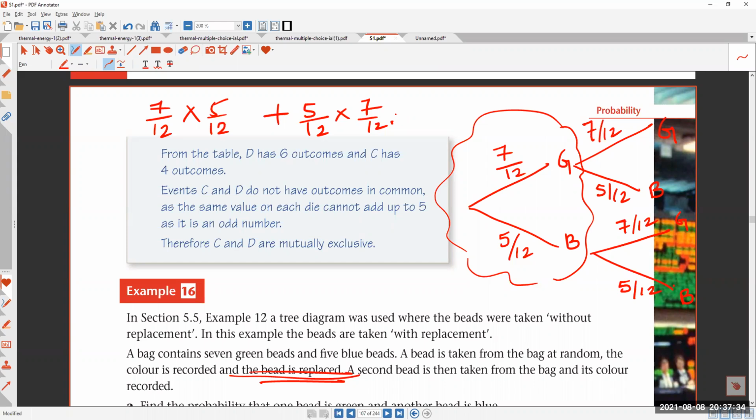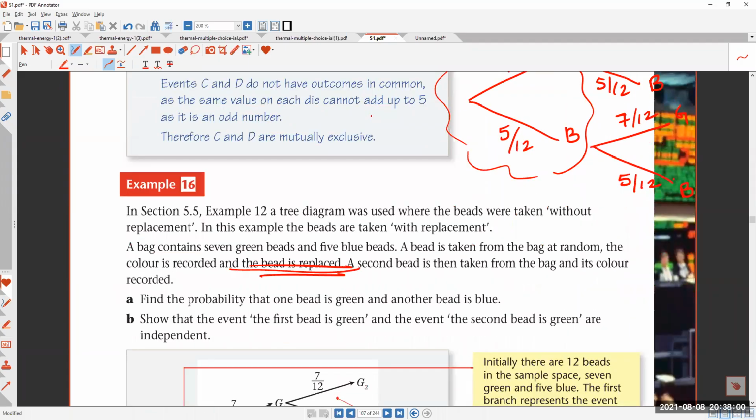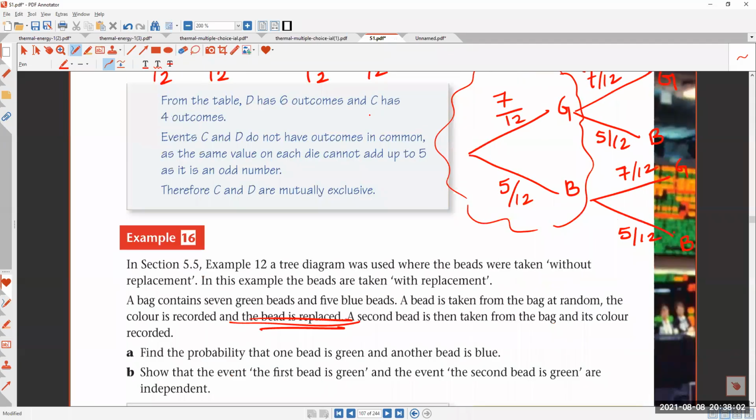They never said the first one is green, first one is blue. Clear? Saima, you understood this, na? Mansha, understood?